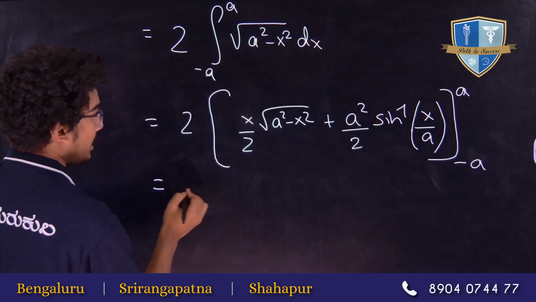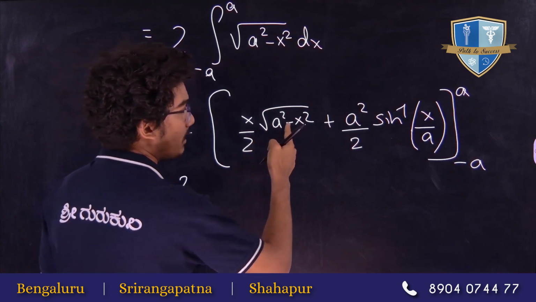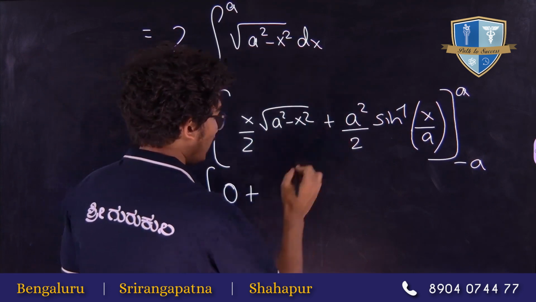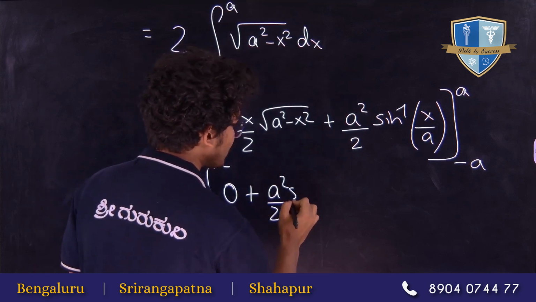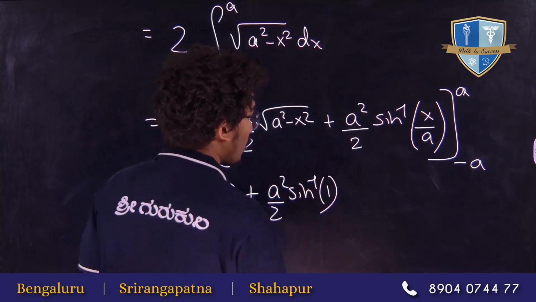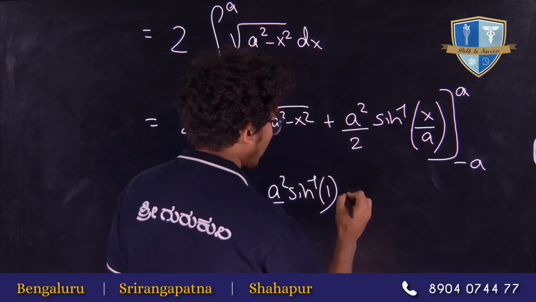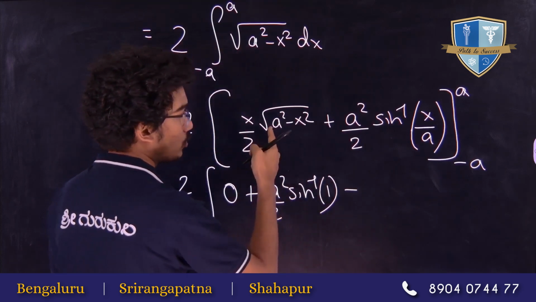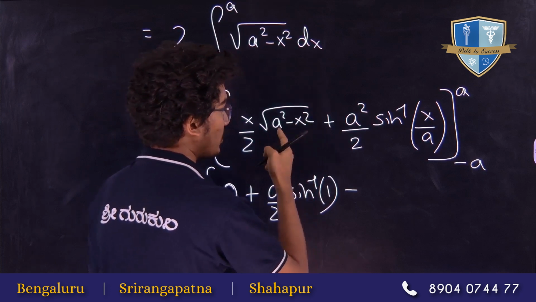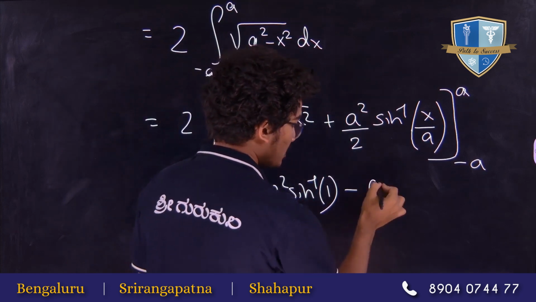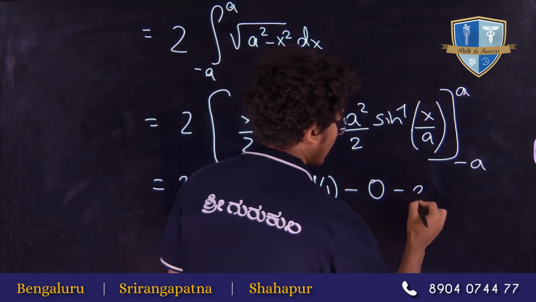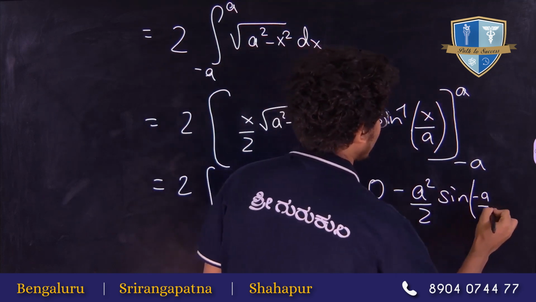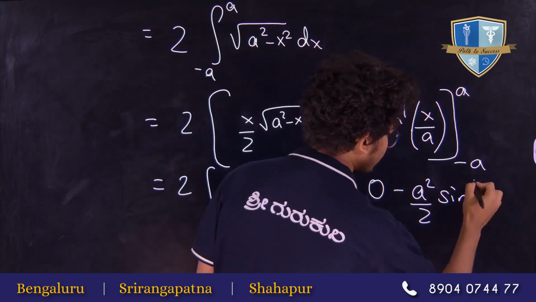Now if we put a, the first term becomes root of a square minus a square, which is 0, correct? 0 plus a square by 2 sine inverse a by a, which is 1. Now minus, we put the lower limit: again minus a by 2 into root of a square minus a square becomes 0, then again minus a square by 2 sine inverse of negative a by a, which is negative 1.